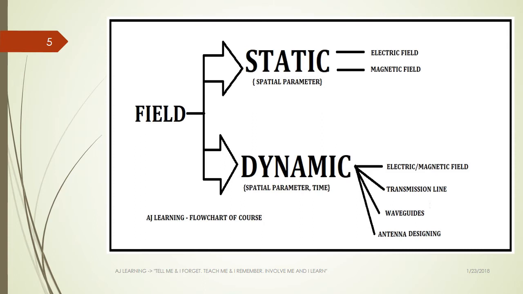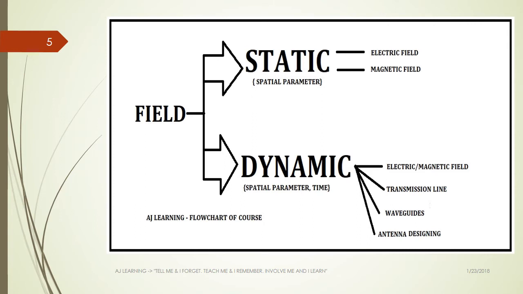So the terms must be clear now. What is electrostatic? Electrostatic is that type of field which does not vary with respect to time. Same, magnetostatic is that type of field which does not vary with respect to time. And these fields depend only on spatial parameters, like space parameters.